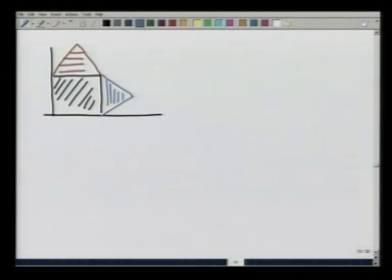I wish to calculate the centroid of this assembly. Let me call this number 1, let me call the triangle here number 2, and let me call the red triangle number 3. Then I know that x c 1, that is the x coordinate of the centroid of the square, is going to be, if this side is a, a divided by 2.